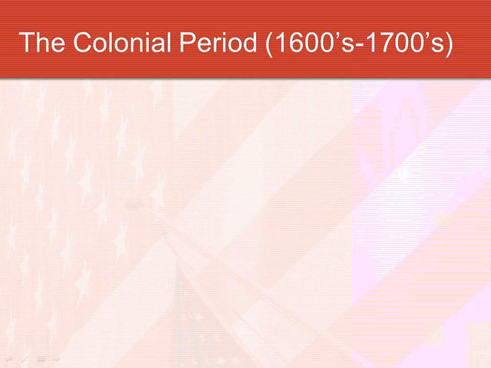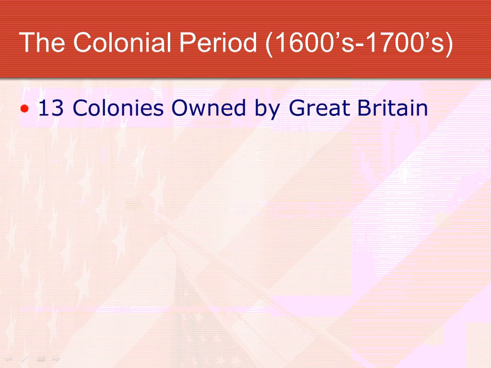What country owned the original 13 colonies? Great Britain or England? Yes. 13 original colonies owned by Great Britain. The first question from the assignment, meant to be really easy. You guys all should have known that before even stepping in this classroom.